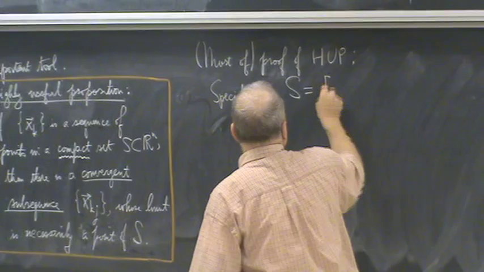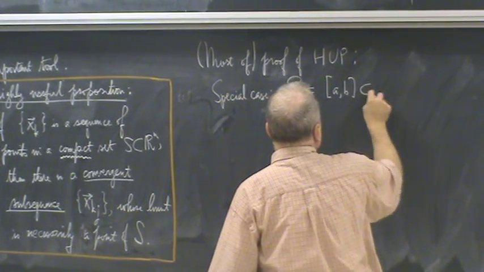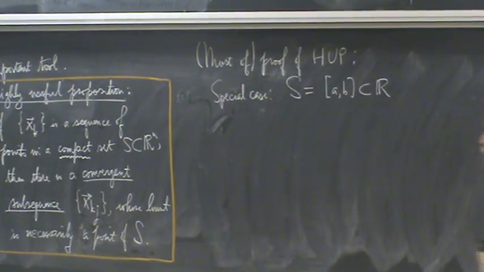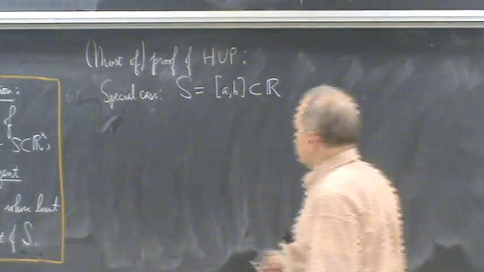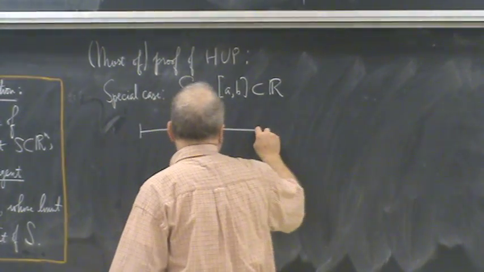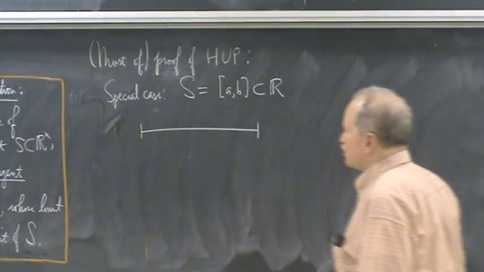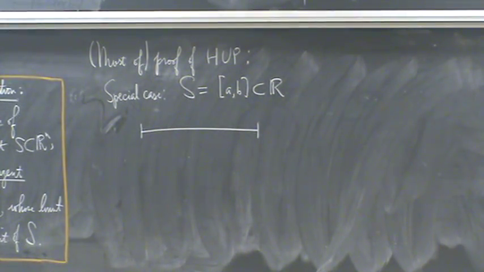Suppose S is just a closed interval in the real numbers. I want to try to see why there's a convergent subsequence if all the points are in the closed interval.